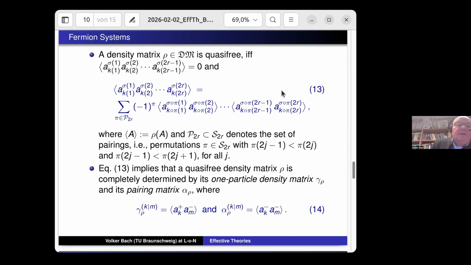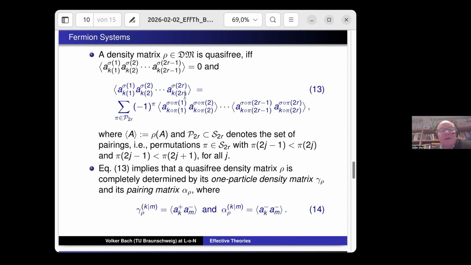So the equation 13 is combinatorially a bit complicated, at least if the number R that determines the number of factors in the equation 13 is big. Then the sum runs over many terms, but we are usually interested in small r. So typically r is equal to 1. This little r here is either equal to 1 or 2.